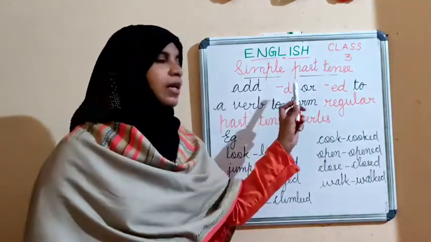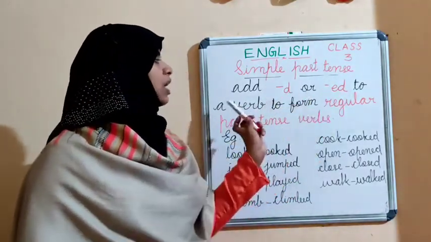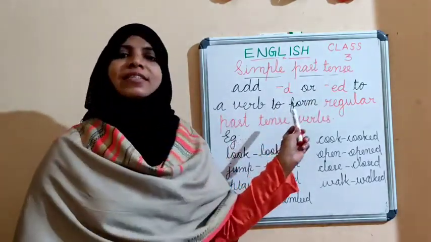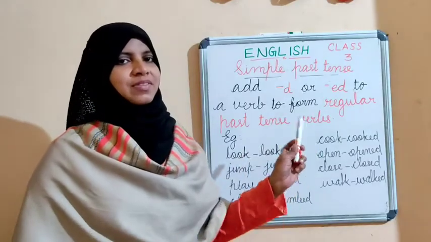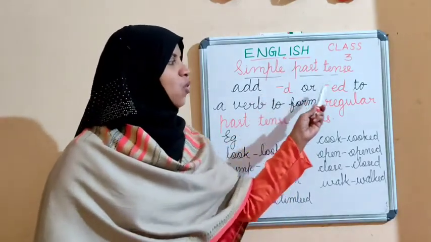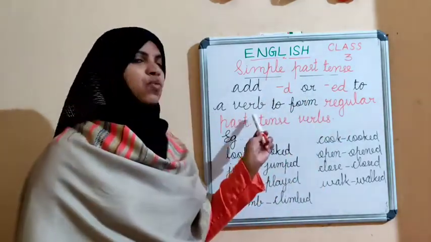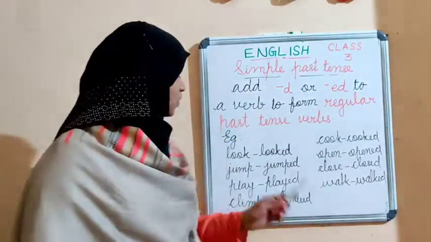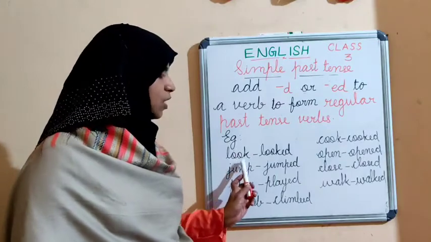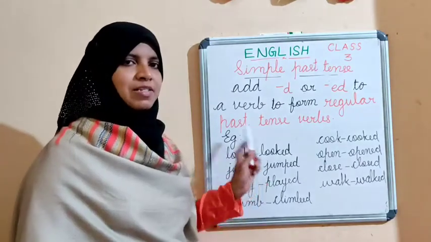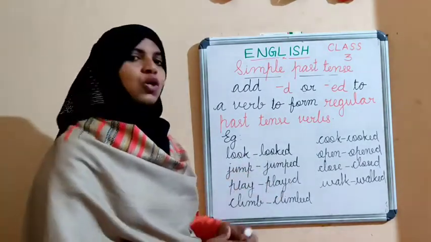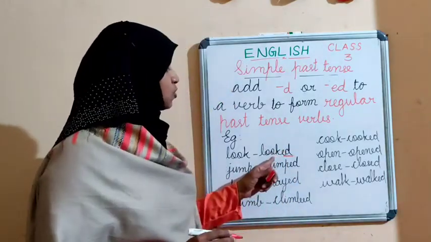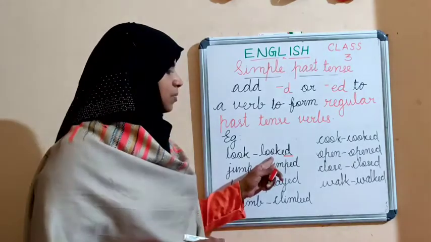Add D or ED to a verb to form regular past tense verbs. Okay. For example, look. What is the past tense of look? Looked. Just we add ED to the verb.